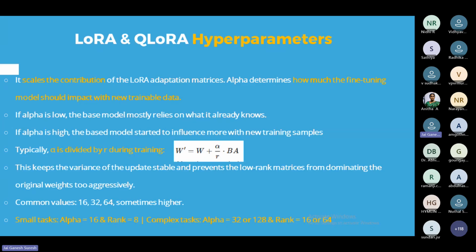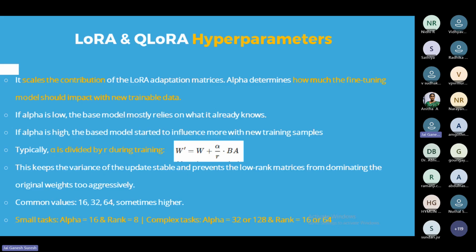Your model is influenced by the right amount of fine-tuned data also. Okay, and what common values can we choose? Of course 16, 32, 64, sometimes higher. For a small task you can go for alpha equal to 16 and the rank 8. For a complex task you can choose alpha 32 or 128, and the rank must be 16 or 64, but in real time sometimes higher also.